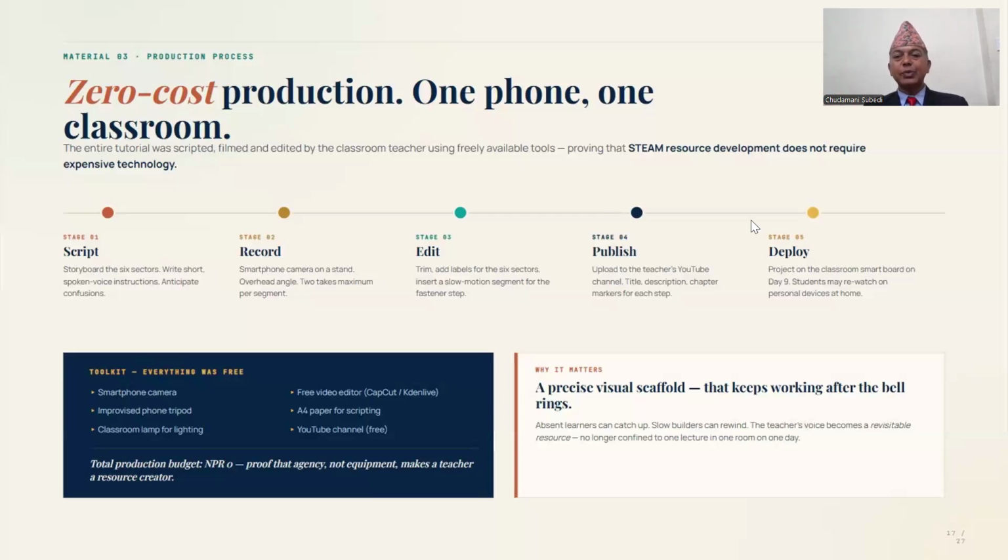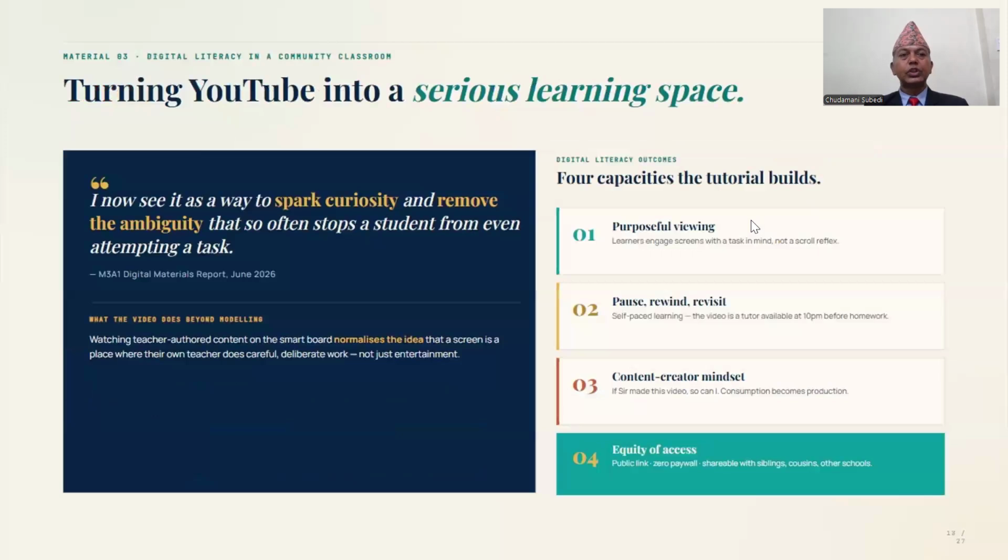A precise visual scaffold that keeps working after the bell rings, turning YouTube into a serious learning space. I now see it as a way to spark curiosity and remove the ambiguity that so often stops a student from even attempting a task.